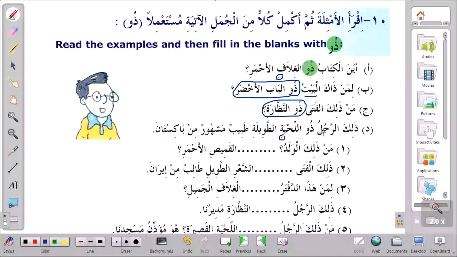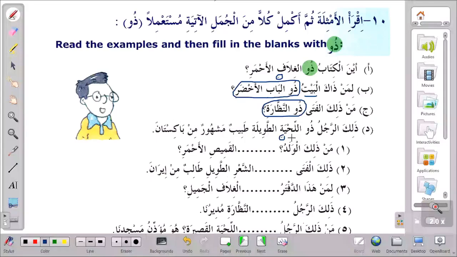So ذلك الرجل ذو اللحية الطويلة. That man with the long beard. لحية is beard. ذو اللحية الطويلة. طبيب is a doctor, مشهور, famous. A famous doctor.